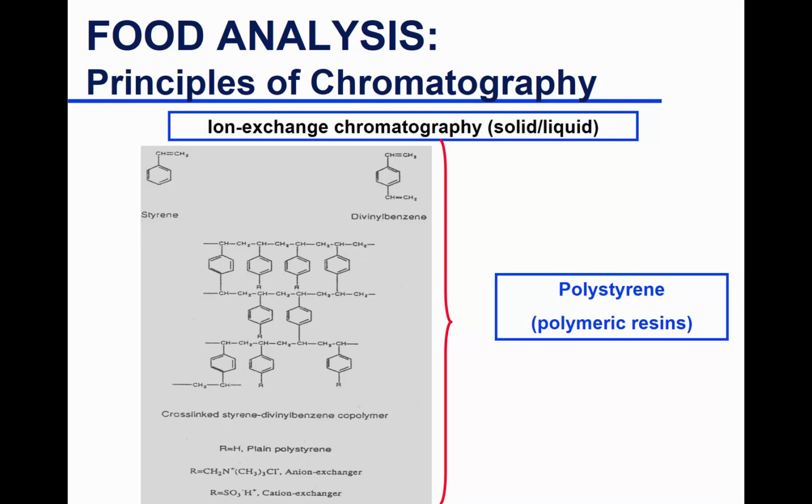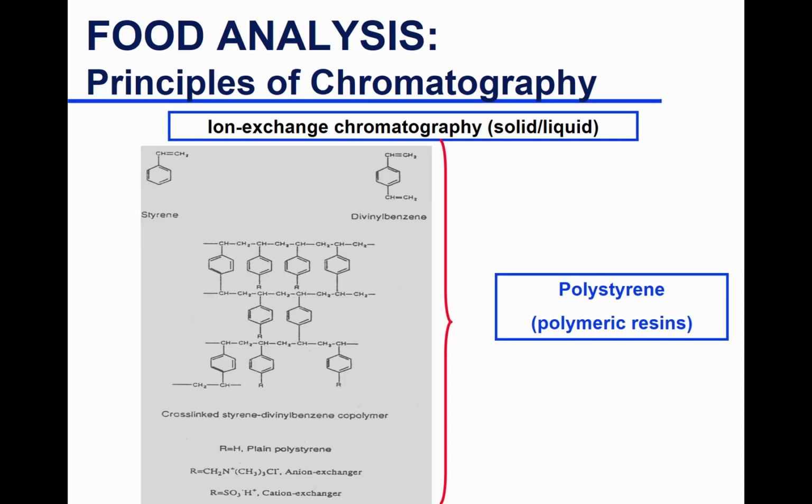And that's where the confusion comes. When you say anion exchanger, some students think, oh, the stationary phase is negatively charged. No, the stationary phase is positively charged. What is exchanging between the mobile phase and the stationary phase is the anion, because it's interacting with the positively charged stationary phase.